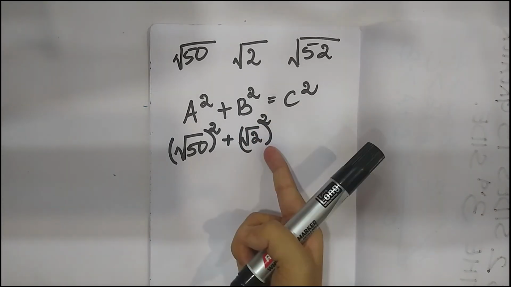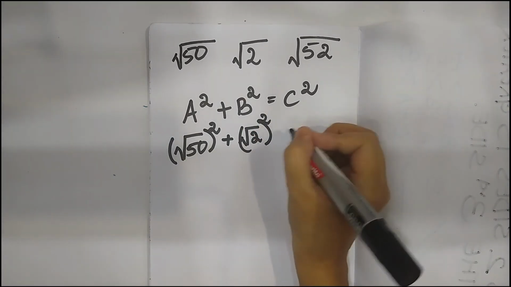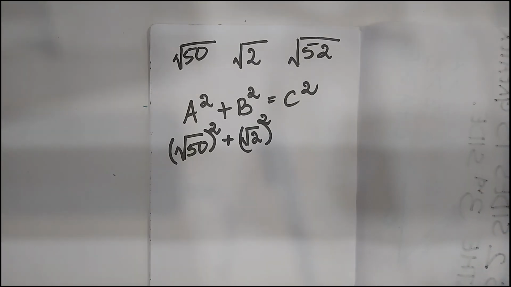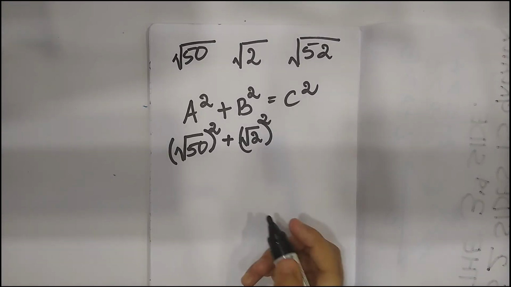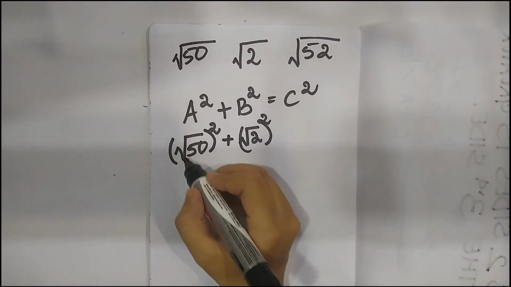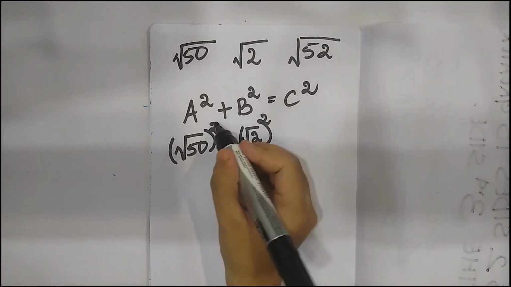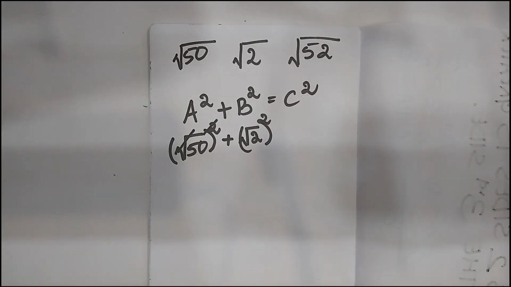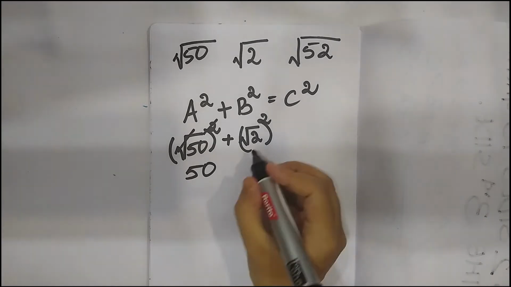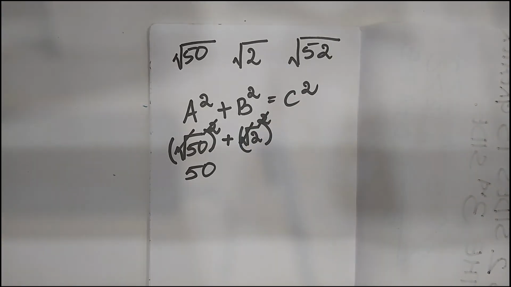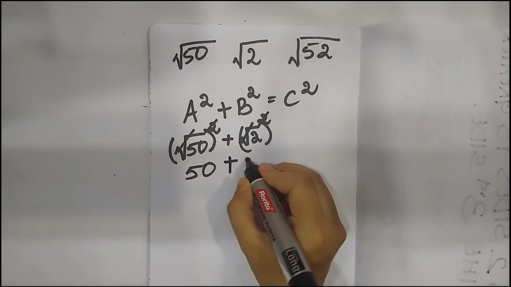Now what we have to do is calculate this. You cannot just directly write equal to square root of 52 square. You will have to prove that it is equal to square root of 52 square. How can you do that? What is square root of 50 the whole square? The square and the root cancels and that becomes 50. The same thing happens here. The square and the root cancels and it becomes 2.